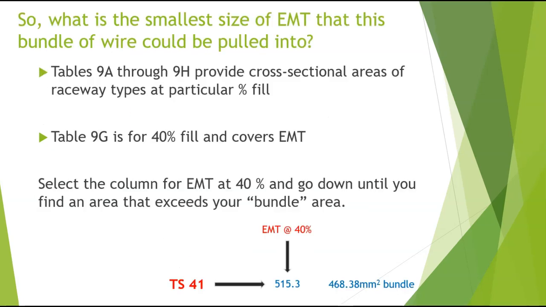Now the way that we're going to do that is we're going to go to the tables within the Canadian Electrical Code that give us the cross-sectional areas of various types of raceways at various percentage fill.